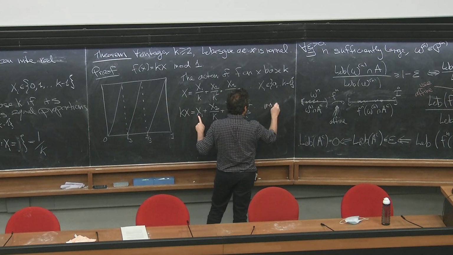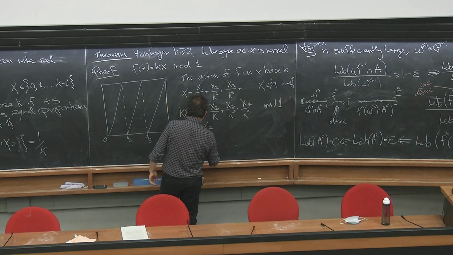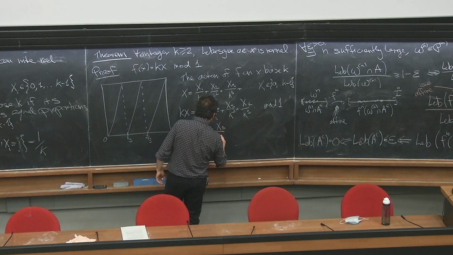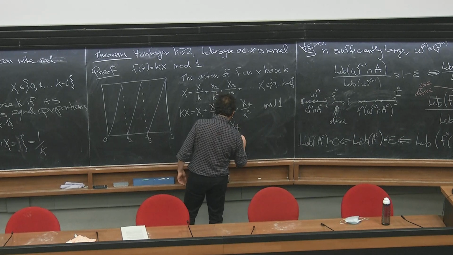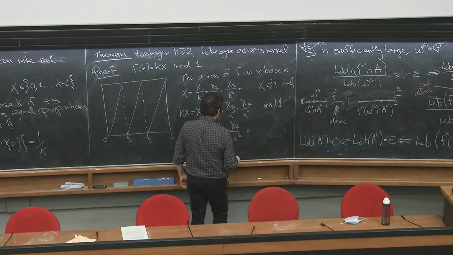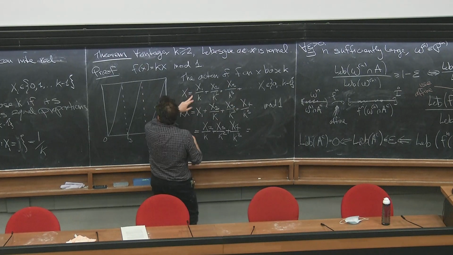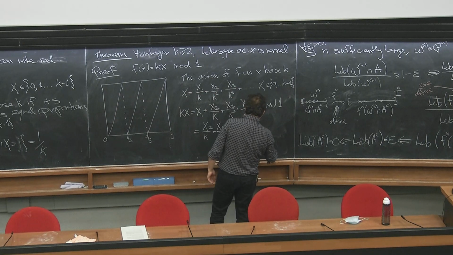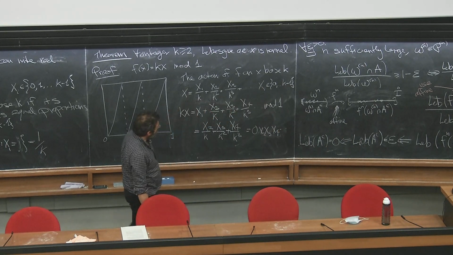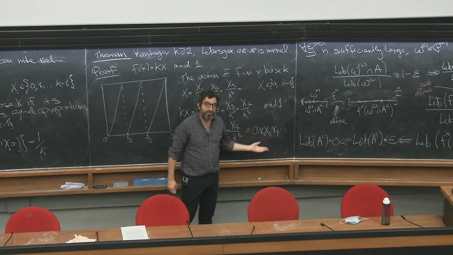So when you take mod 1, you just drop this, and you get x2 over k plus x3 over k squared, and so on. Okay? So the new expansion, if you start with x whose expansion is 0.x1, x2, x3, then this will be 0.x2, x3, x4, and so on, right? So the action of f, if you write it in base k, it's just the shift.